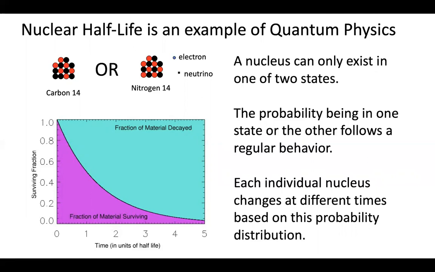This is an example of quantum physics. If you want to understand how this transition occurs, what's happening is a change in the distribution of subatomic particles. Just like the configuration of electrons around an atom are described by quantum mechanics, the configuration of protons and neutrons in a nucleus is described by quantum mechanics.